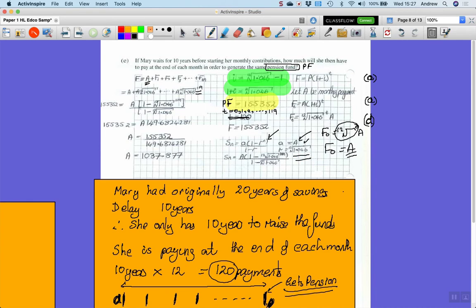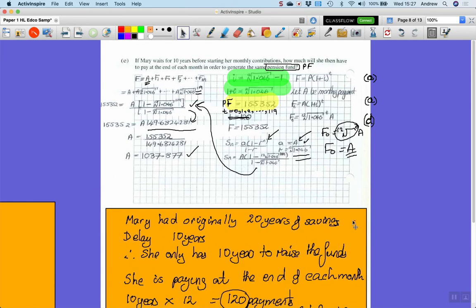So that's r, and then you just plug everything in. When you use the calculator on this, you get that, and then you bring that across to the other side and divide it into 155,352 to get how much she pays every month in order to achieve her pension level. That's the end of the problem.